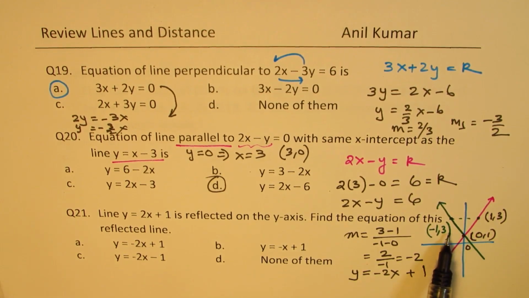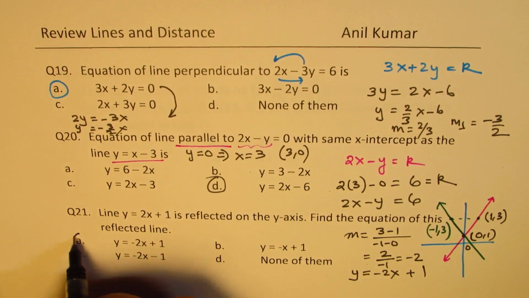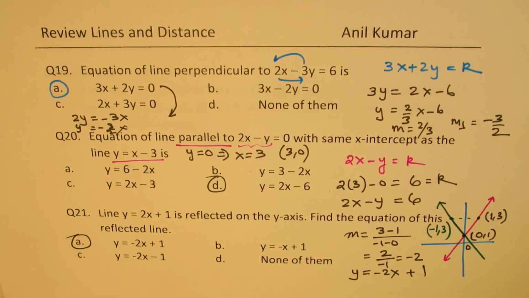So we have a negative 2 slope here. Since the slope is negative 2 and the y-intercept is 1, we get y equals to minus 2x plus 1. Option A is the right option, correct? So that is how we are going to solve this particular question.